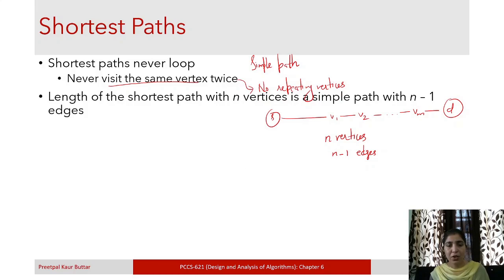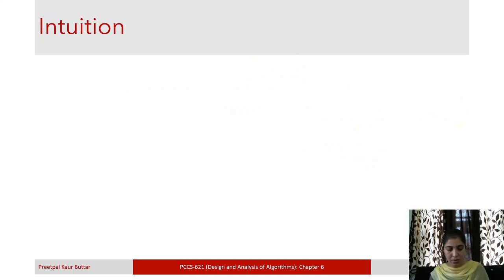So the length of the shortest path with n vertices is a simple path with n minus 1 edges, right? So if there are n vertices, then there will be n minus 1 edges. So this works as the basis for solving the shortest path problem using the Bellman-Ford algorithm.